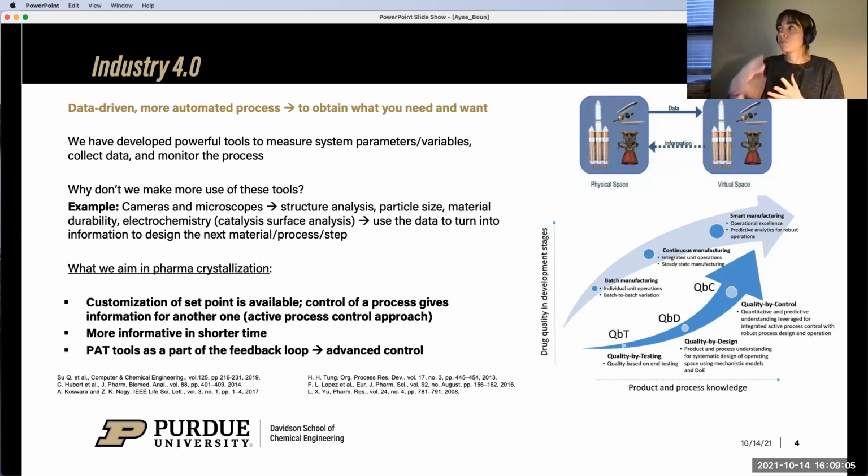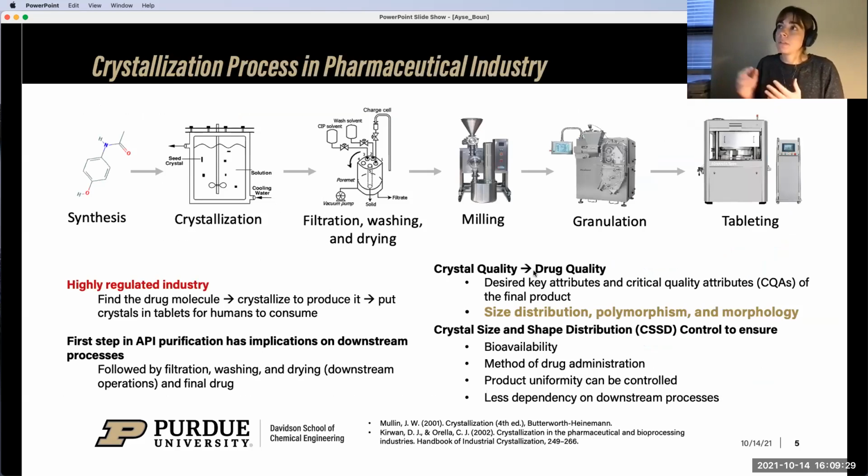I will show you basically some cool tools that we use to collect data, and how we call them process analytical technology tools, PAT tools, and how we make use of the data we collect and move from testing to design to control by data-driven frameworks, basically.